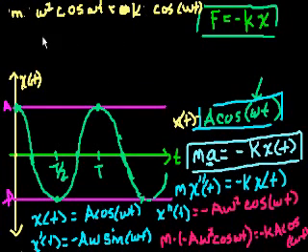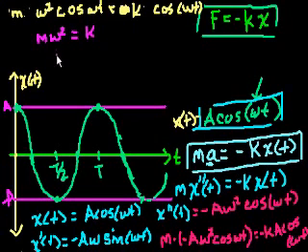And so let's see, we have m w squared cosine of omega t is equal to k cosine of omega t. So this equation holds true if what is true? This equation holds true if m w squared, or omega squared, I think that's omega, I always forget, is equal to k.